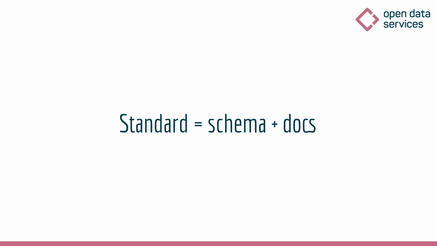Something might say that a field is called name. The machine can check that it's a string. The human has to do the work of checking that what's in the name field is actually the name of the thing. So when we talk about a standard, it's those two things together. For an API spec, you may well replace the schema with the machine bits of an API specification, but the docs give it meaning.